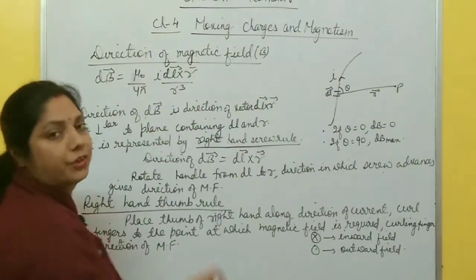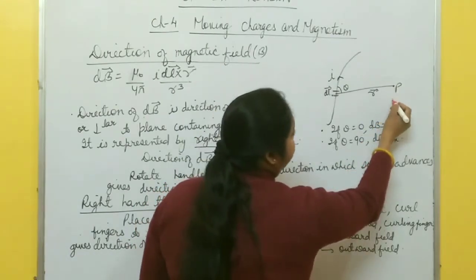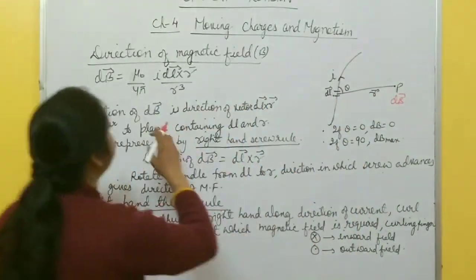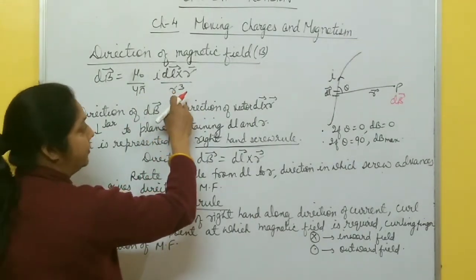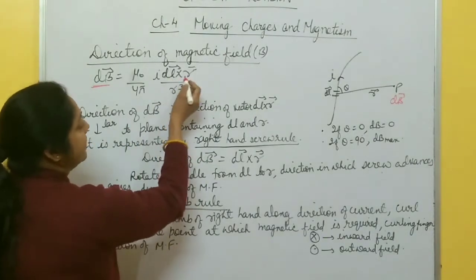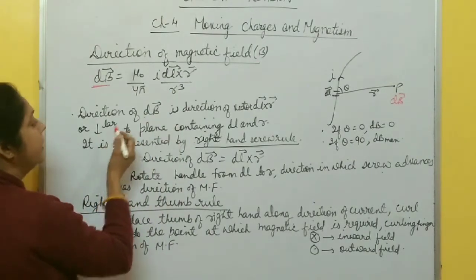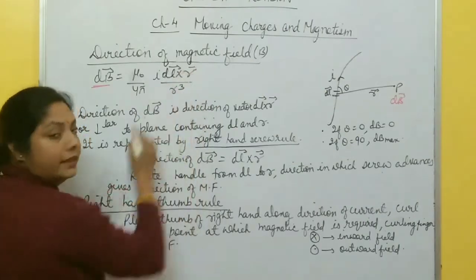Next is the direction of the magnetic field. You know the magnetic field at point P due to a current element dl at a distance r is given by mu naught by 4 pi I dl cross r by r cube. So the direction of this magnetic field is given by the dl cross r vector. You can write that the direction of the magnetic field is perpendicular to the plane containing dl and r.